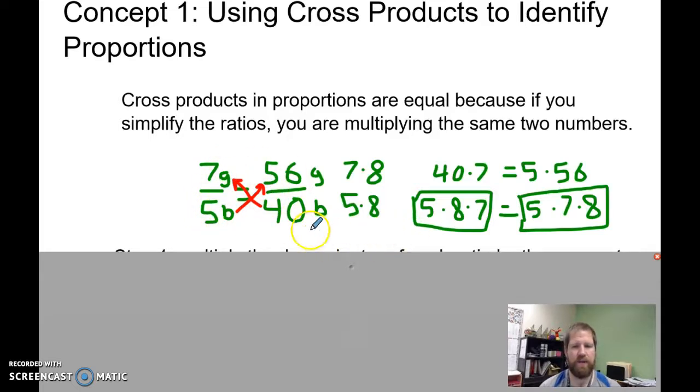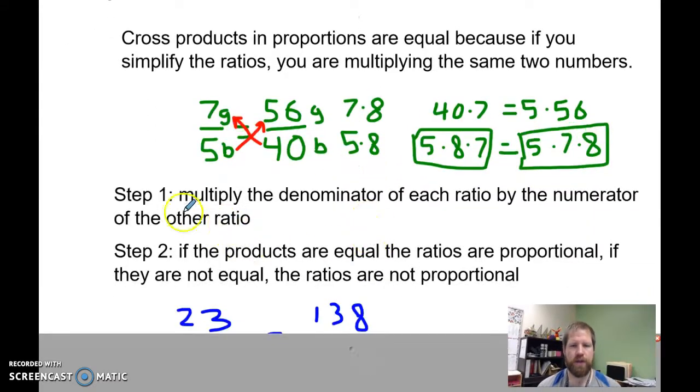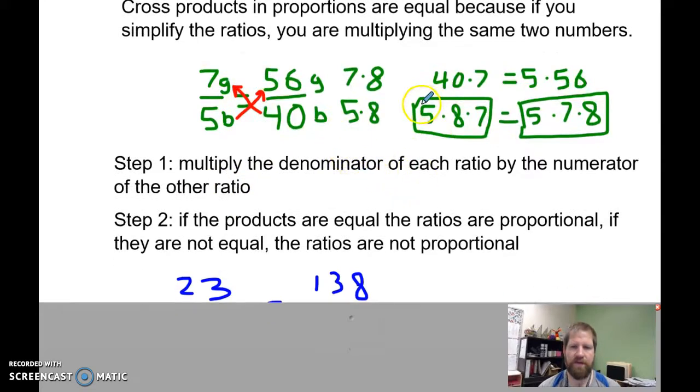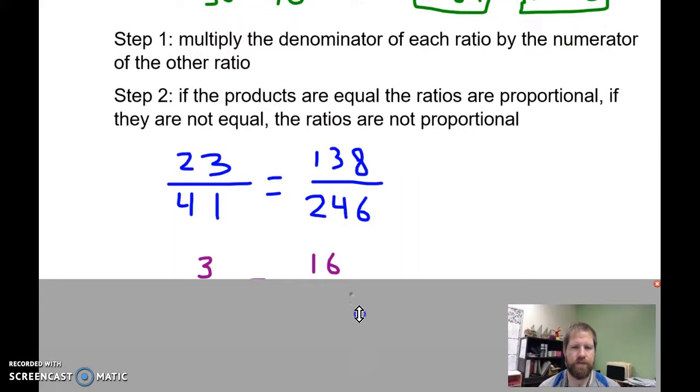That's fine as well, but doing the cross products will often be a quicker and easier way. So when you're doing this, you're going to multiply the denominator of each ratio by the numerator of the other ratio. And then if the products are equal, the ratios are proportional. If they're not, then the ratios are not proportional.